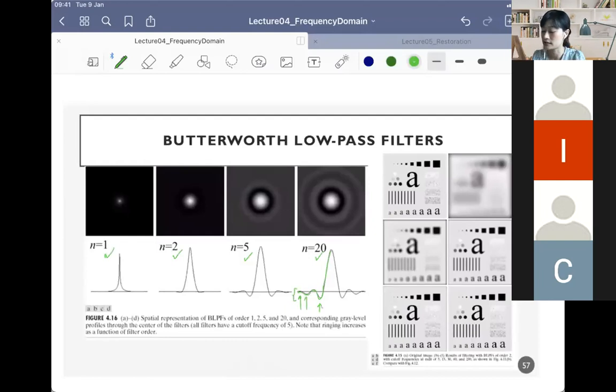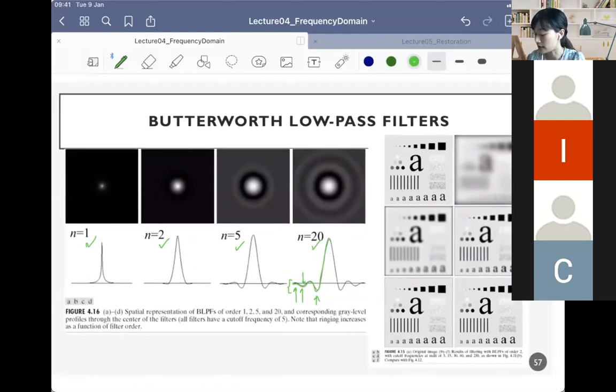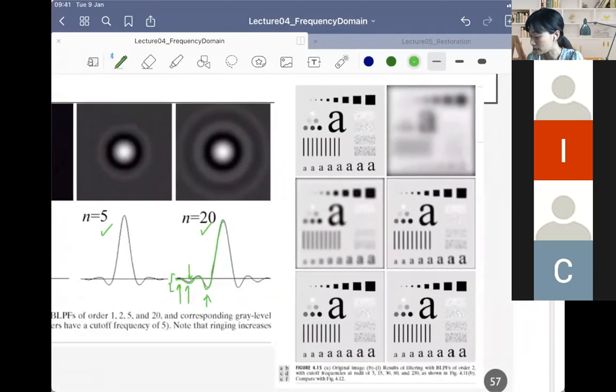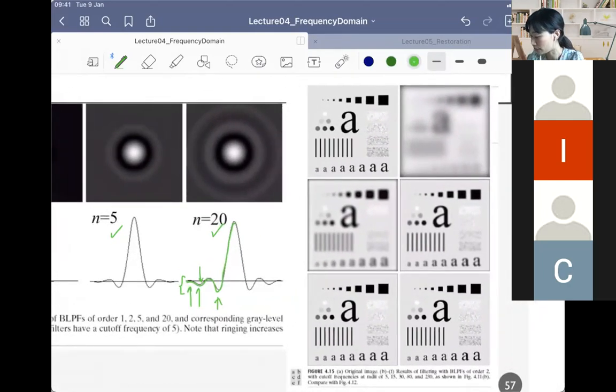So it's not like an ideal filter that changes from 1 to 0, but it still keeps some and removes some. What you see in the image on the right is the same image, and the original image is here as well.